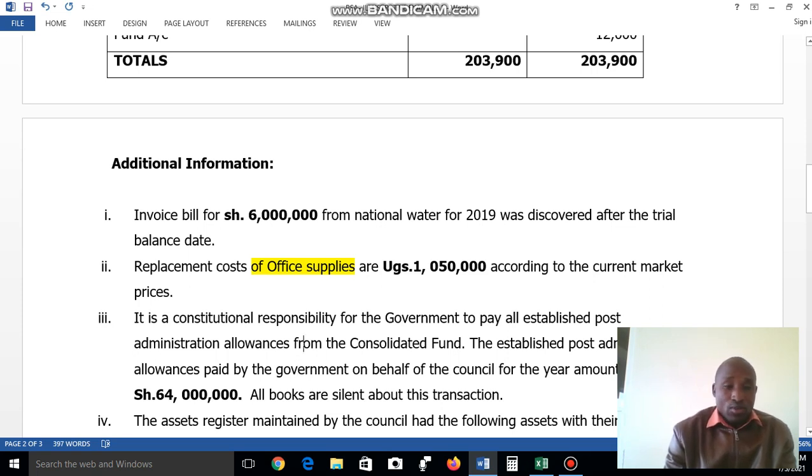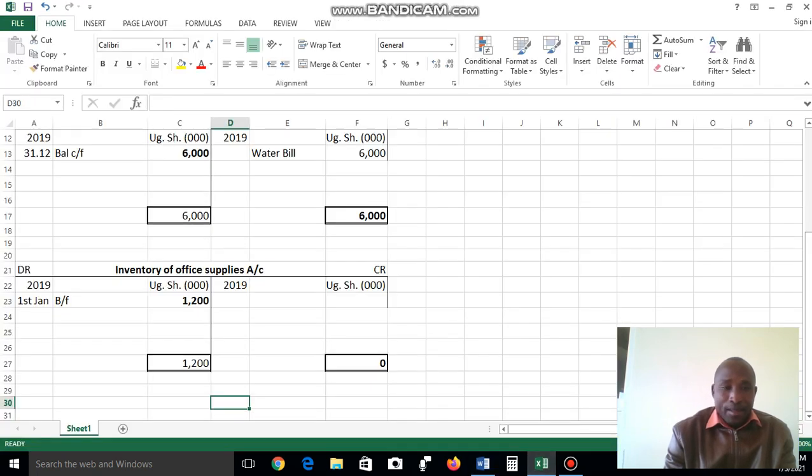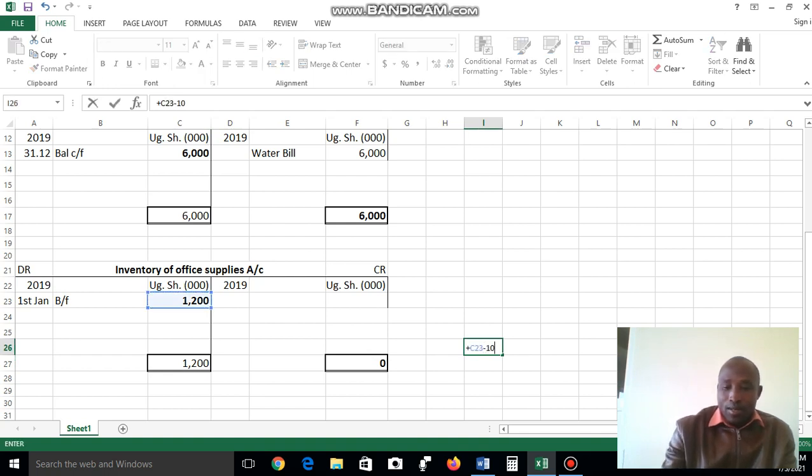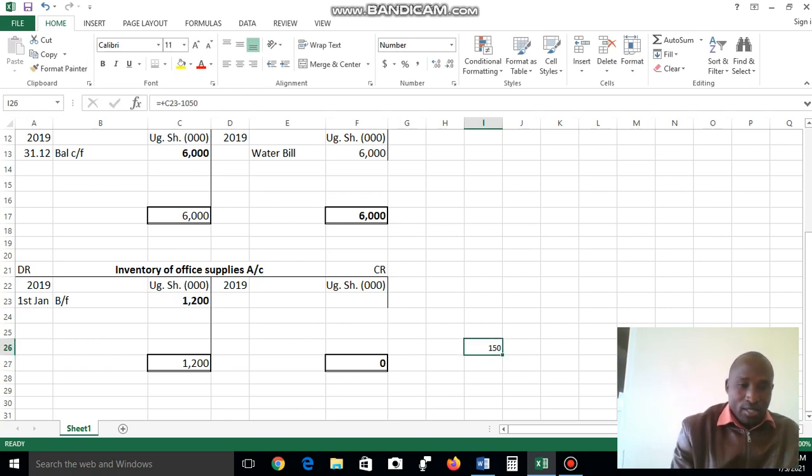The inventory lost value from 1,200,000 to 1,050,000. So the difference is 150,000, which is a loss.